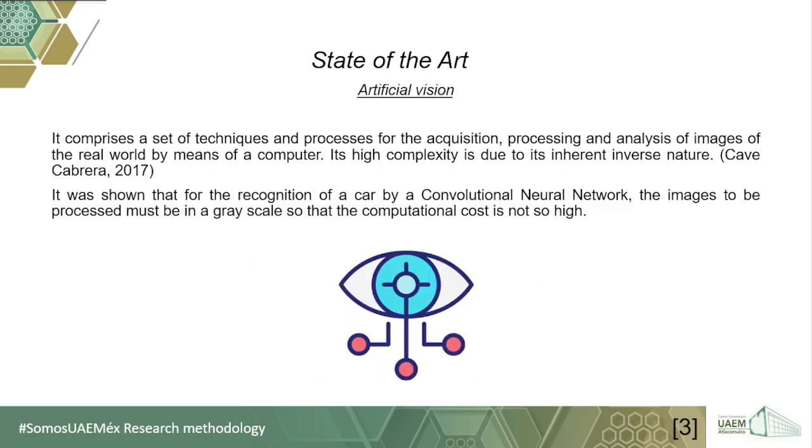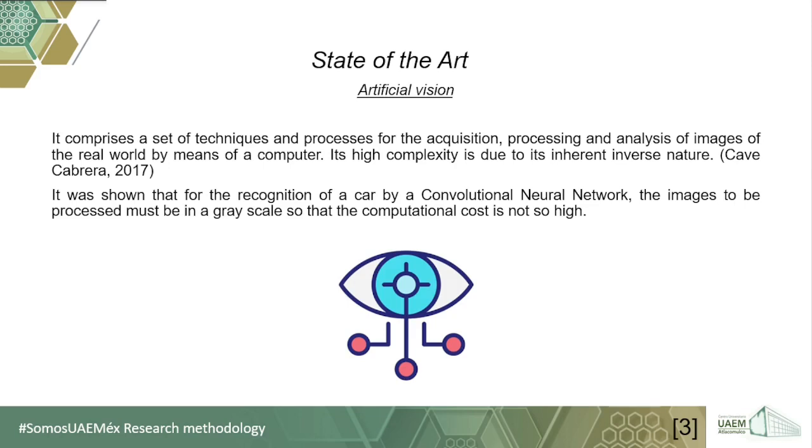Then we have artificial vision, which comprises a set of techniques and processes for the acquisition, processing, and analyzing of images of the real world by means of a computer. Its high complexity is due to the inherent inverse nature.